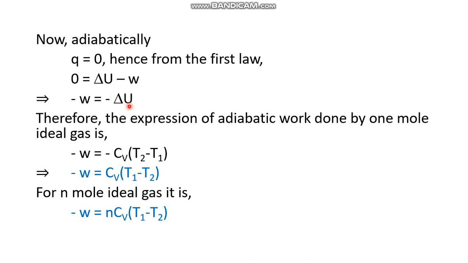So in place of delta U we can write Cv into T2 minus T1 with the negative sign, and if this negative sign is eliminated, then these two terms change their positions. That means T2 minus T1 becomes T1 minus T2. So minus W is Cv into T1 minus T2, and if it is n moles of ideal gas in place of 1 mole, then it can be written as nCv into T1 minus T2. So this is the expression of work done by the system, which is minus W.